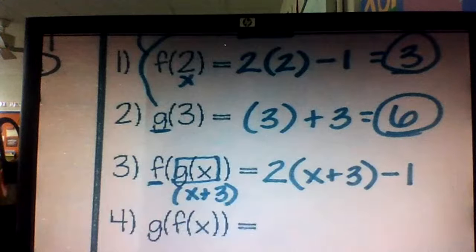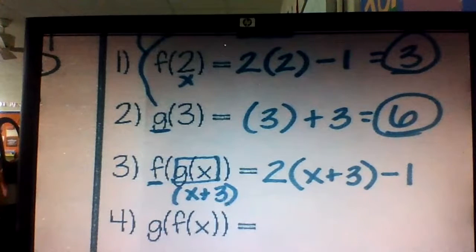So am I actually going to be able to solve this and get an answer? Am I going to end up with a number like 7? No. It's going to be an expression. So what do I need to do to simplify this? I need to distribute.